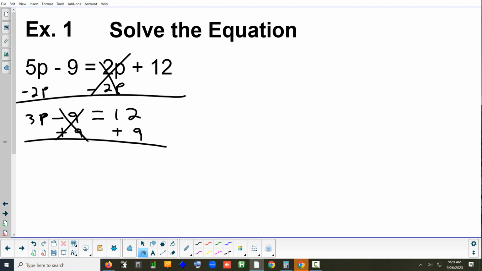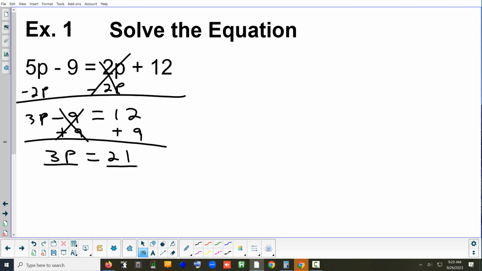All right, so negative 9 plus 9 is 0. What do you have now? 21 on the right side. And on the left? 3p. Okay.